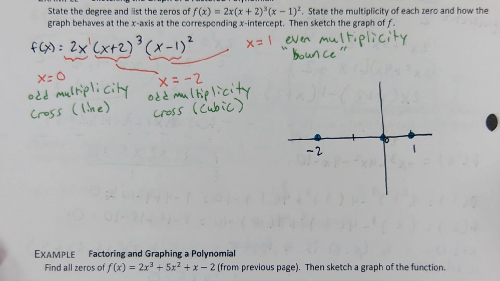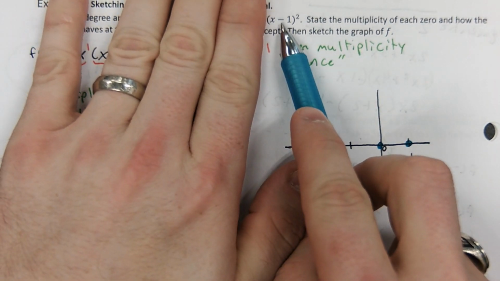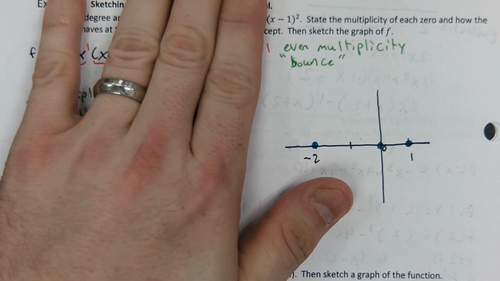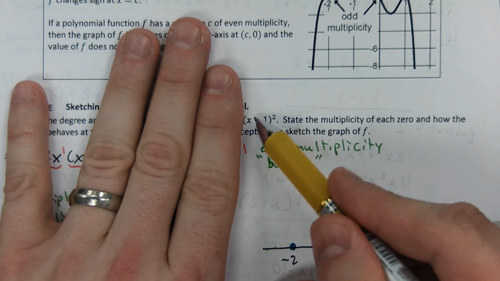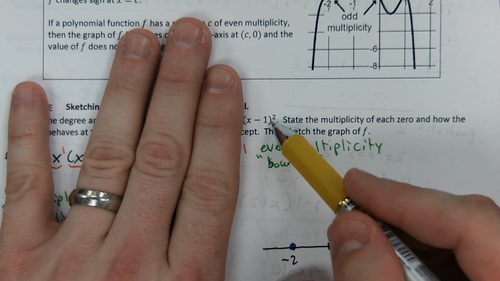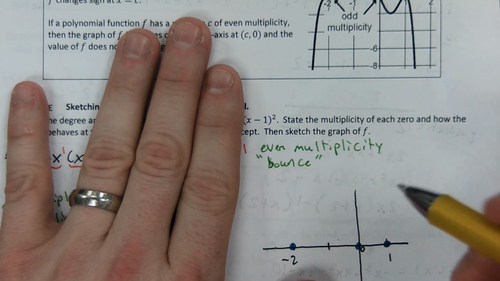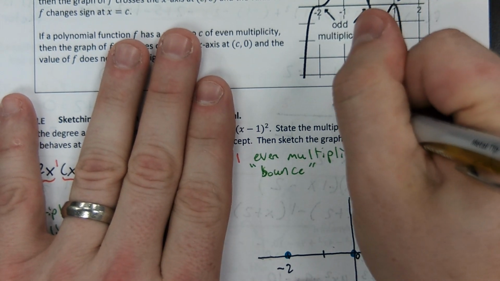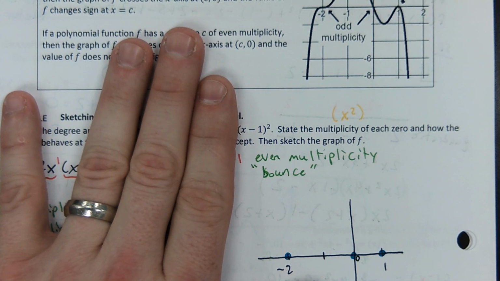If you were to FOIL this thing out right here, I'm going to write in yellow. If you FOIL this thing out right here, what would be at the beginning of its polynomial? X squared. X squared would be at its beginning. You can see that, right? Looks okay?